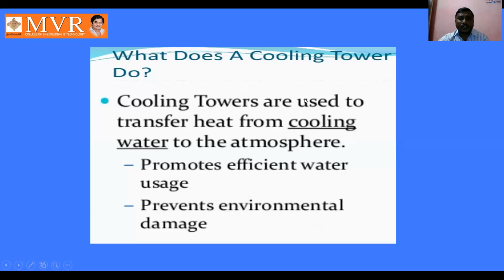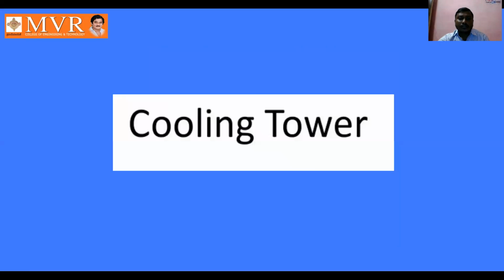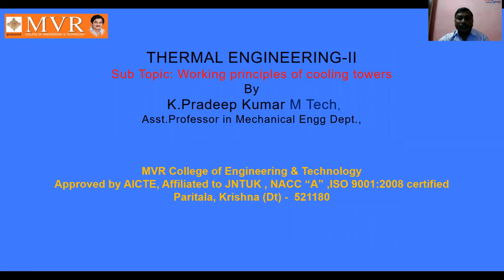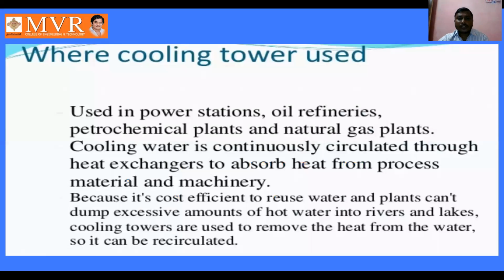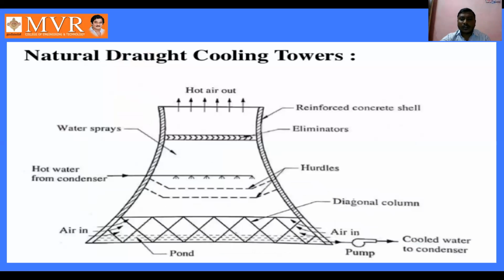This is how we have studied the cooling tower types, the working principles of the cooling tower, and the types of cooling towers. This is what we have studied in this video.